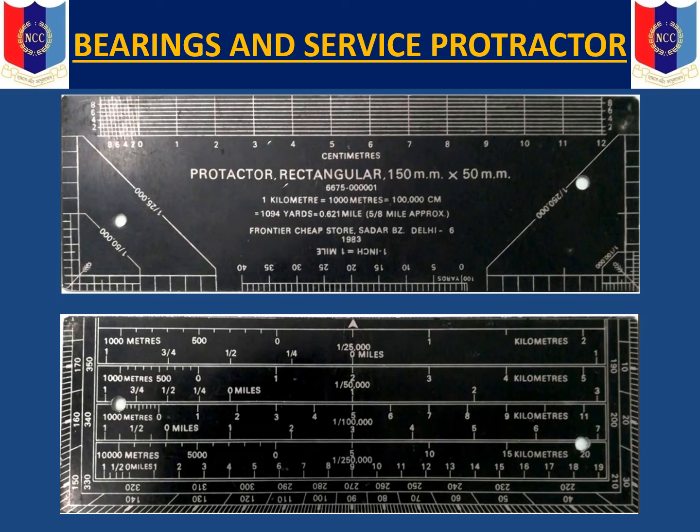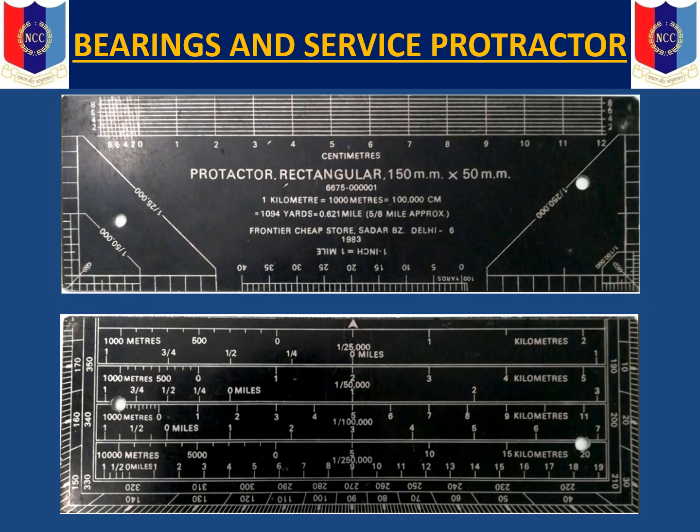The service protractor Mark IV is an instrument used for plotting and measuring bearing on the map. It is an essential link between the compass and the map. With the help of the protractor, the magnetic bearings can be converted to grid bearing and transferred to the map.